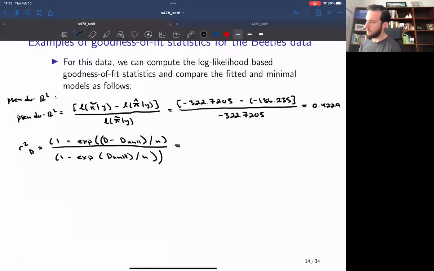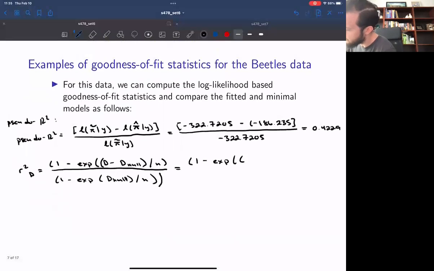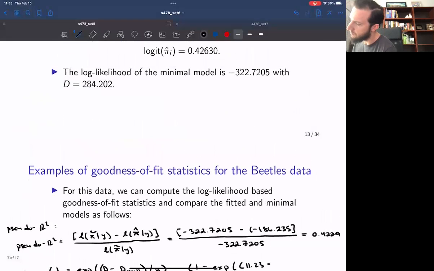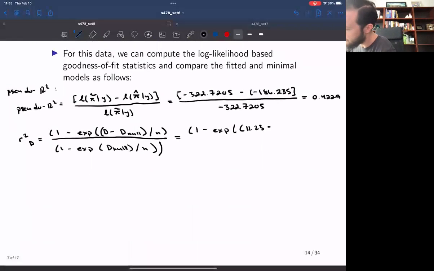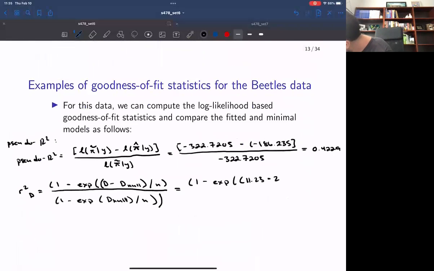Okay, so then going back to here, we're going to have 1 minus exp. And then d was 11.23, minus d null, which was 284.208, divided by, and then here we have 481.